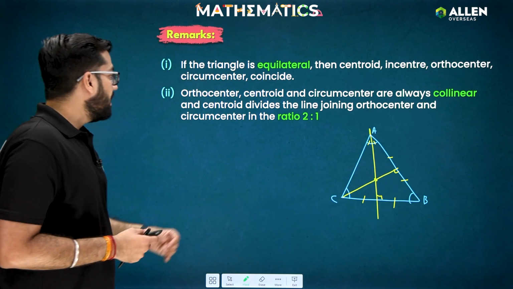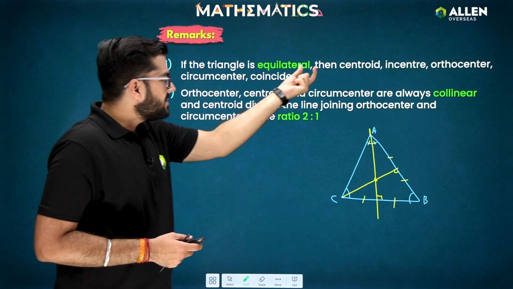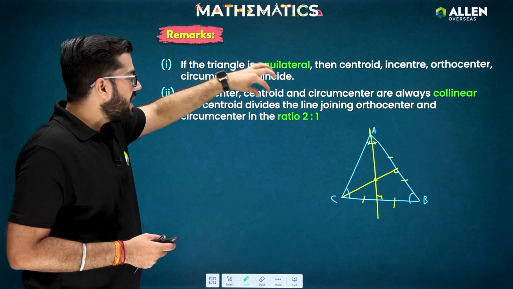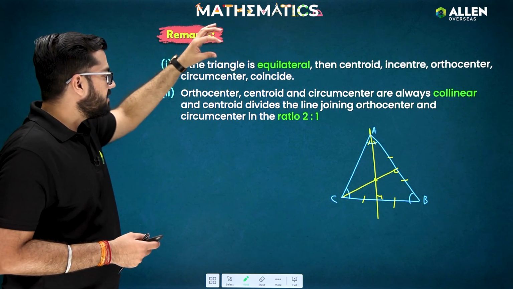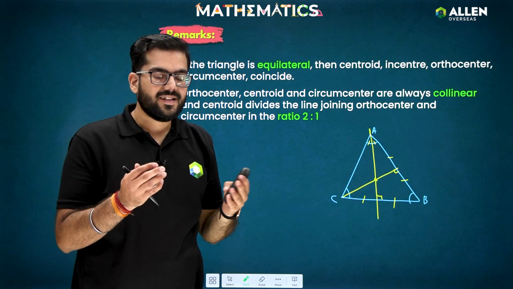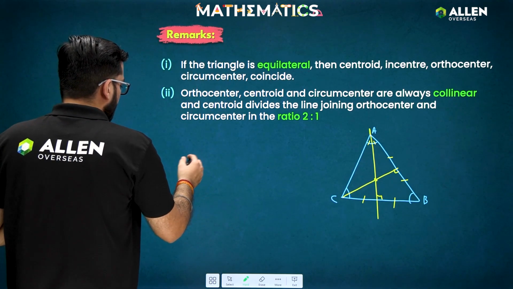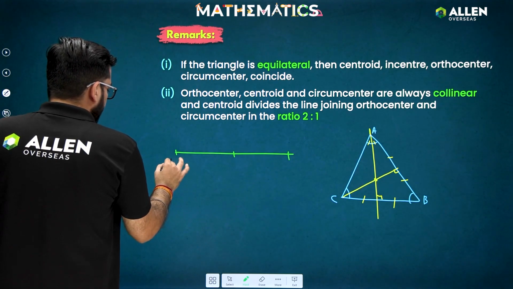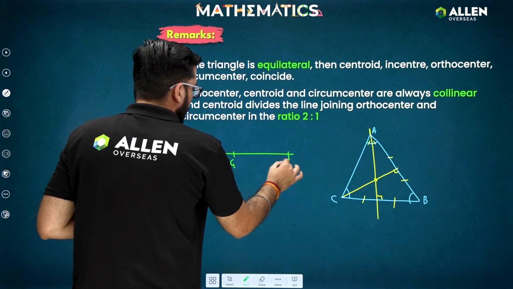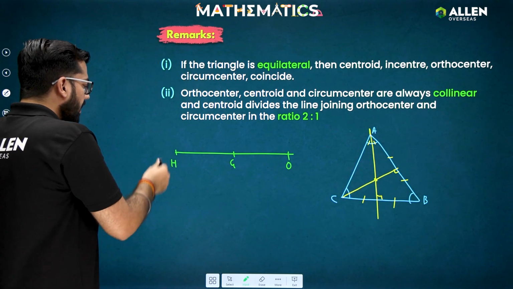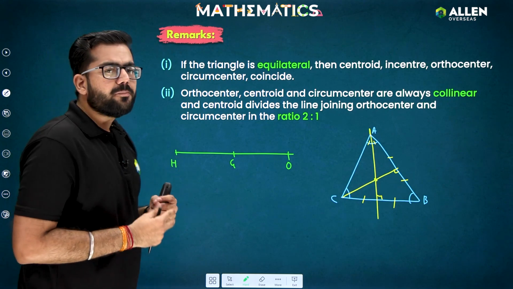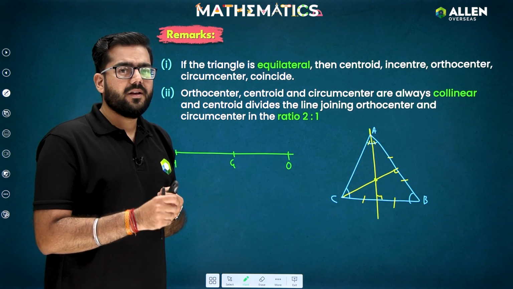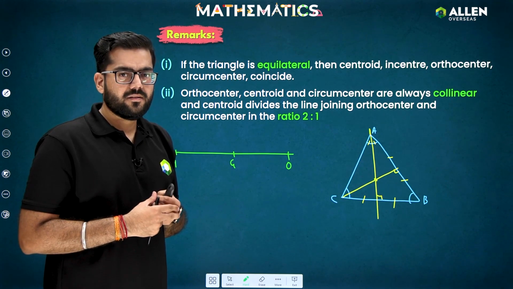And the next one: the orthocenter, centroid and circumcenter are always collinear, and the centroid divides the line joining the orthocenter and circumcenter in the ratio 2:1. Again, you can visualize this. Let's say here is the scenario, H, G, O. While taking the vertices you can also prove this, but again I recommend you remember it directly as a property, right?